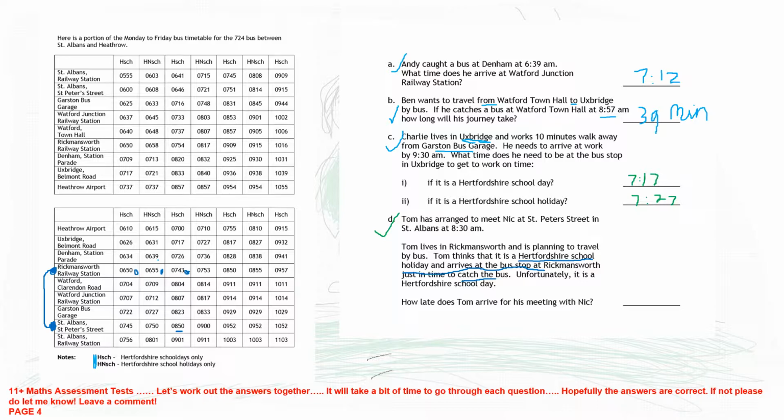Now that's probably what the question is asking us to do. He thinks it's a school holiday, so he comes at 6:55. So I think he comes here at 7:53 is the next one. If you just go through the time, he thinks it's a school holiday.